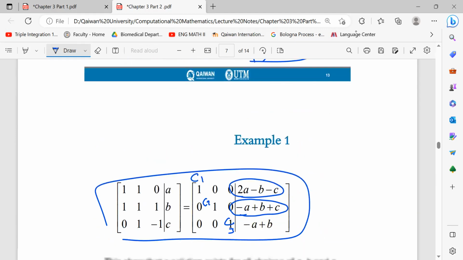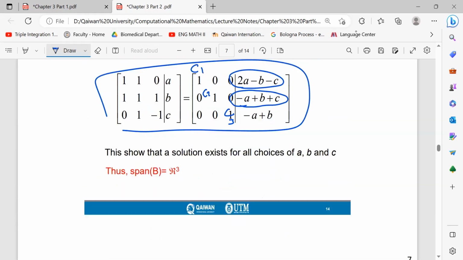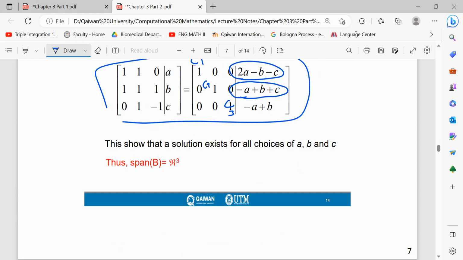If we get some impossibilities like that, we say the vectors don't span R3.